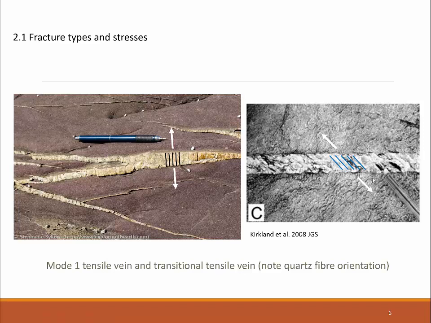So the fiber orientation is one of the first things you would want to investigate when you look at hydrothermal veins. If you are lucky, it is very straightforward to distinguish mode 1 joints from transitional tensile joints, and you can draw your conclusions on the mode of fracture formation when fluid was present and the structure formed.